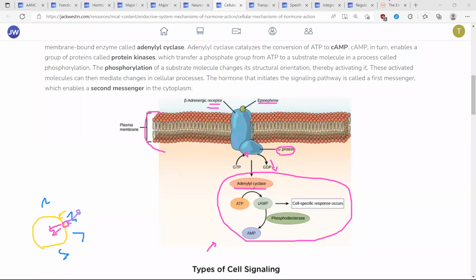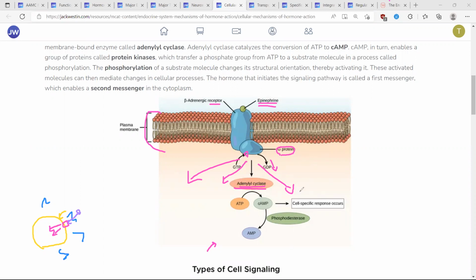And one other thing to understand is that this picture is just showing you one of this event, right? But this can happen a lot. It can happen with multiple of this enzyme. So why is that important? Because only one molecule of epinephrine was able to signal the whole cell.